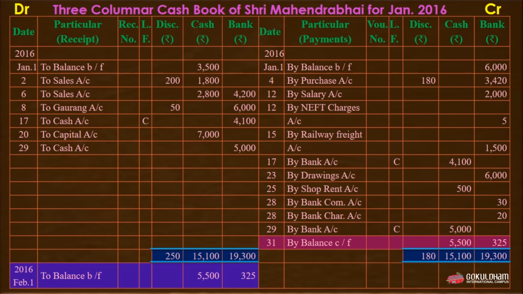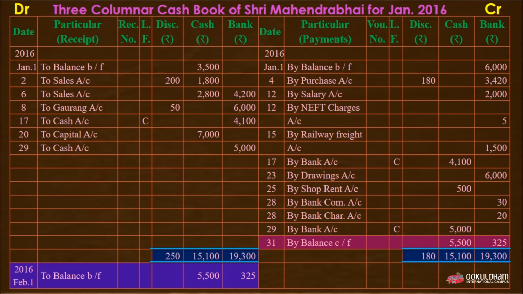Then from this 15,100 rupees we deduct 4,100 rupees, 500 rupees and 5,000 rupees, and the difference we get is our cash balance, 5,500 rupees. Write 31st in the date column, because January has 31 days. In the particulars column write "By balance c/f". C/f means carry forward; we will carry this balance forward. It is January, so we will carry this balance to February.